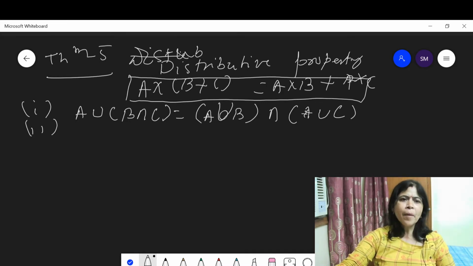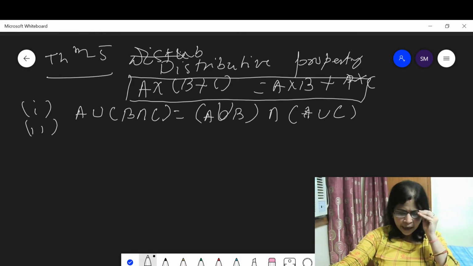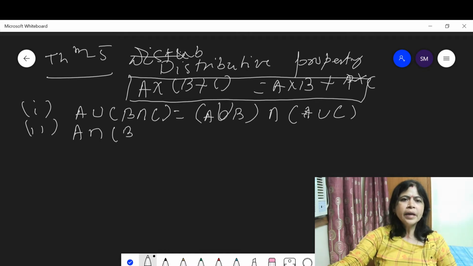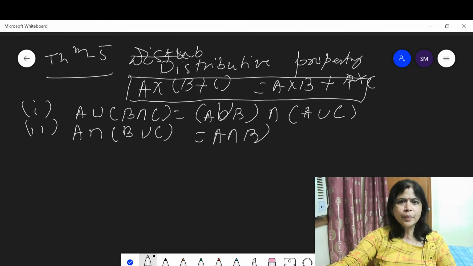Then the second part says that A intersection (B union C) is equal to (A intersection B) union (A intersection C).